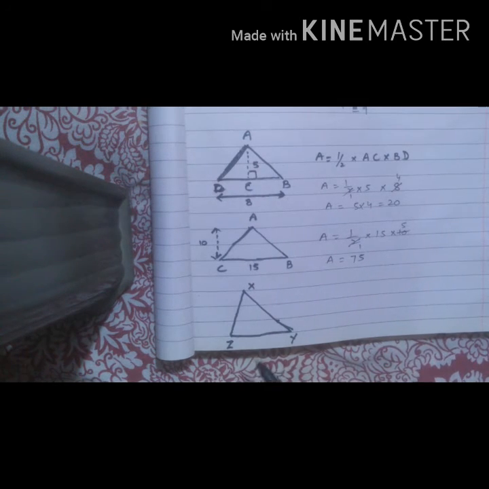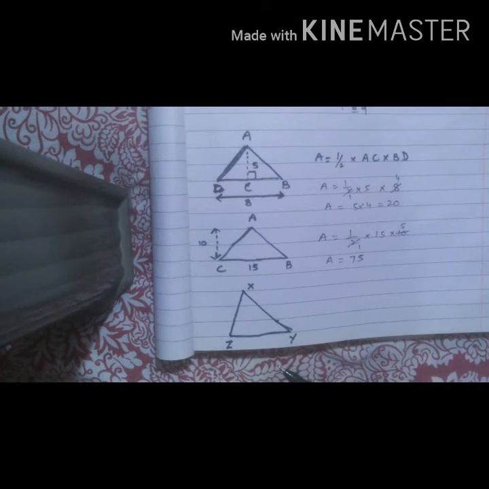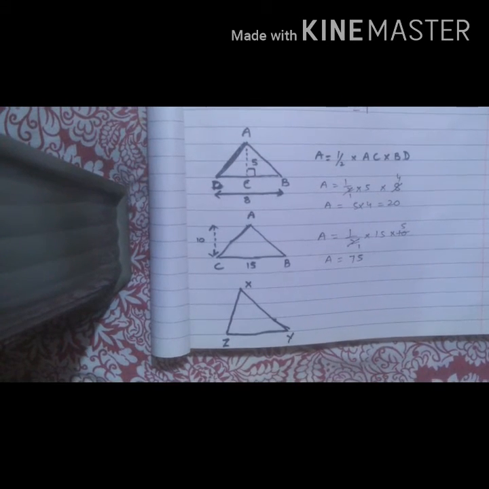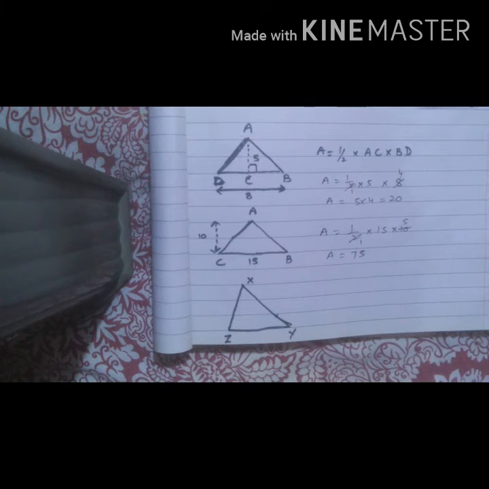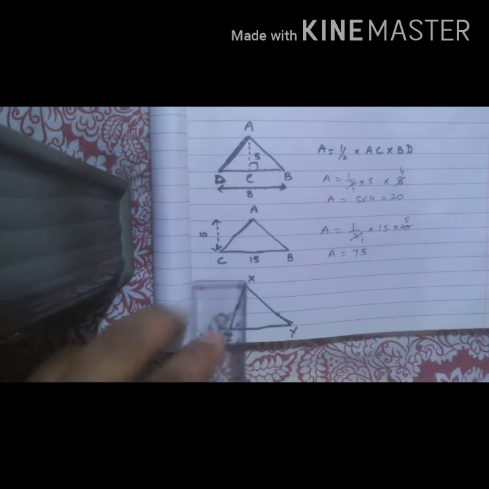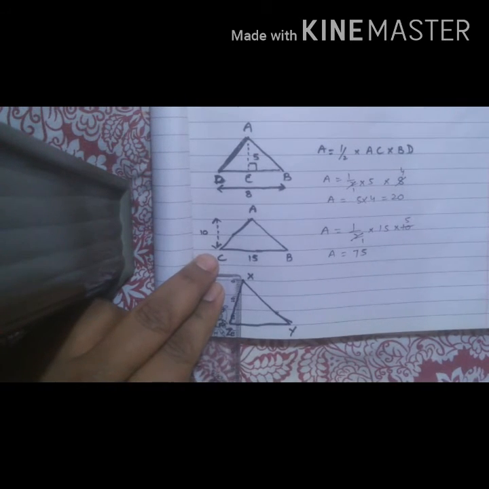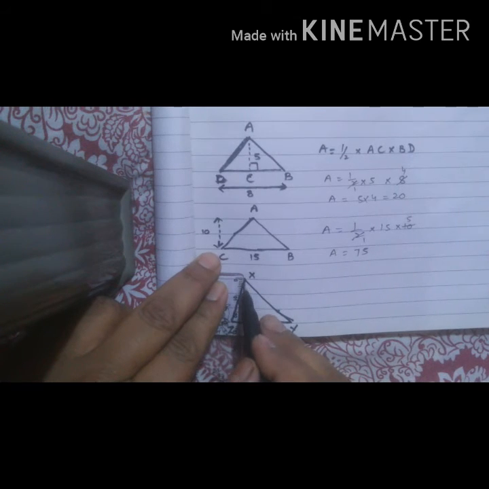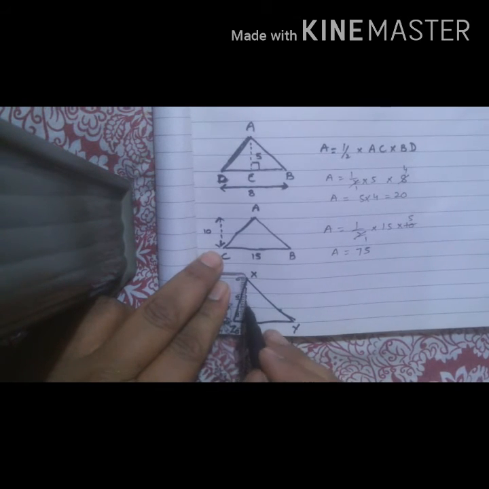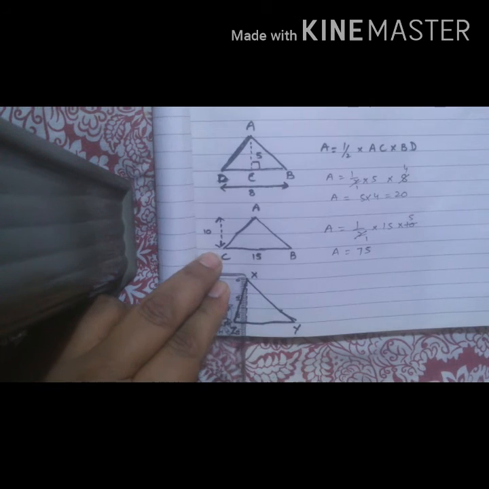If you observe again, this shape has no perpendicular height given to us in it. So with the help of a scale, I can show you that the perpendicular height can be taken from this end to that end. This can be drawn by ourselves, right?